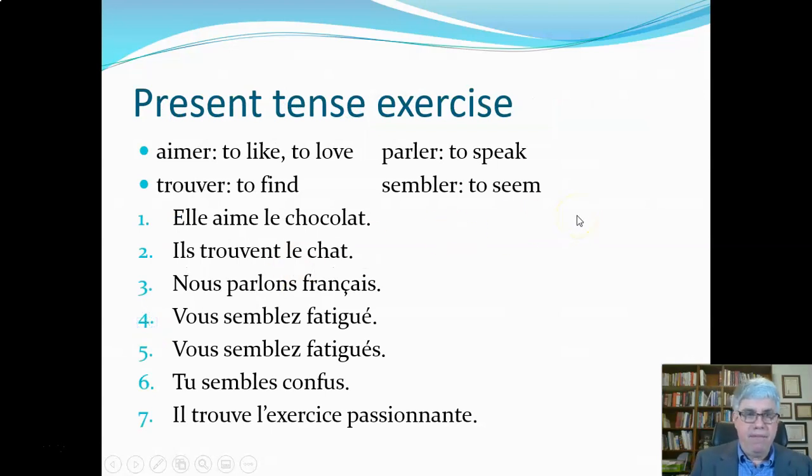Now, what we have here is an exercise. The video will end after this exercise, and you need to translate these sentences before going on to the next video, which will give you answers to these.